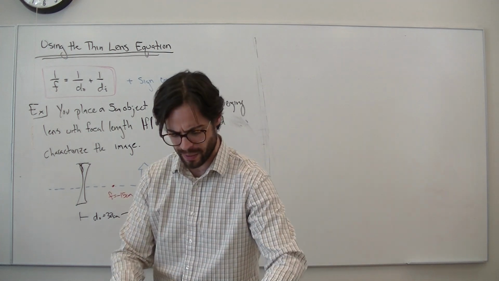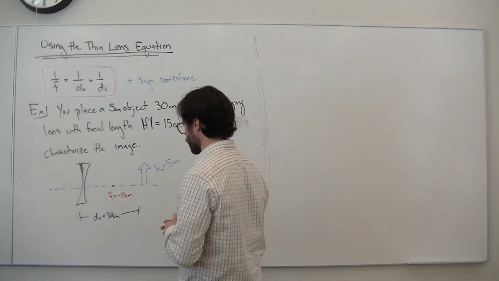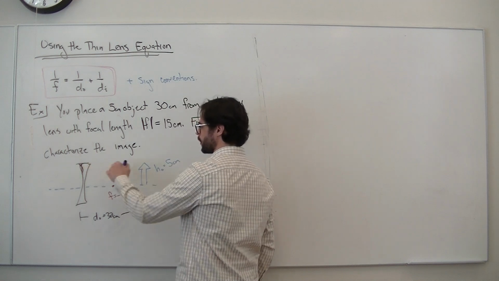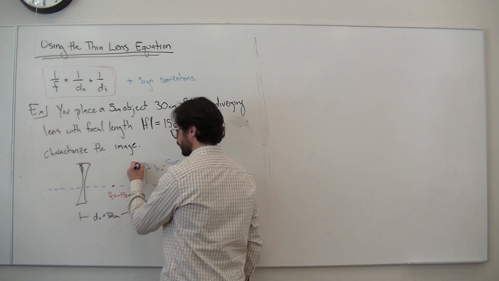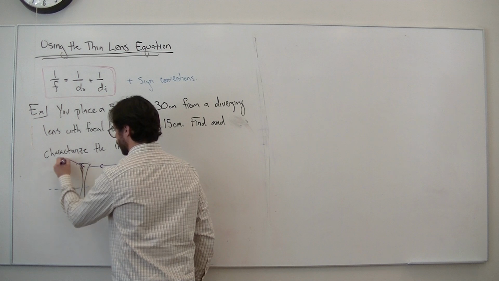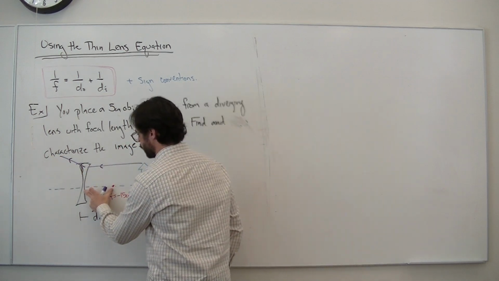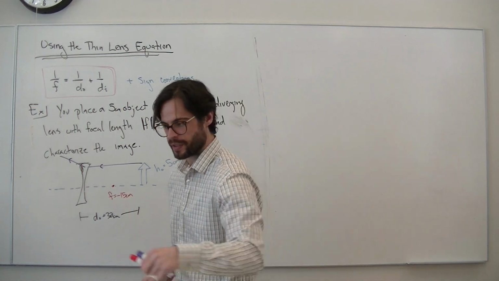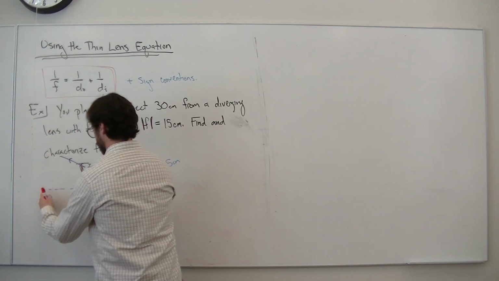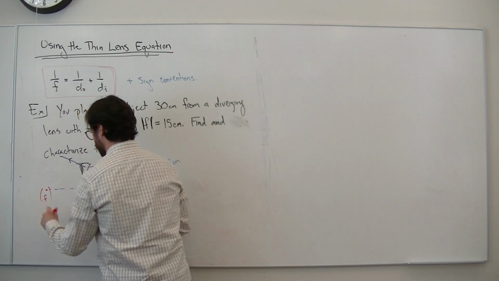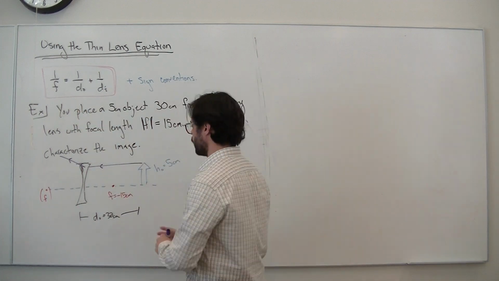So what I would do, just to make sure, as a sanity check on the answer, is quickly sketch a ray diagram. So I've got ray 1, which is in parallel, out as if it came from the focus. For ray 2, I'm going to need our focus on the other side. So focal length here, F. I'm going to try to make it there, but I'm going to diverge away.